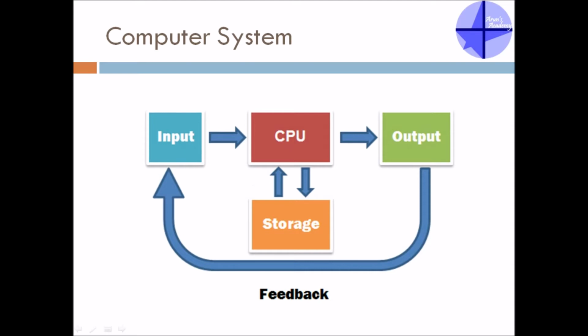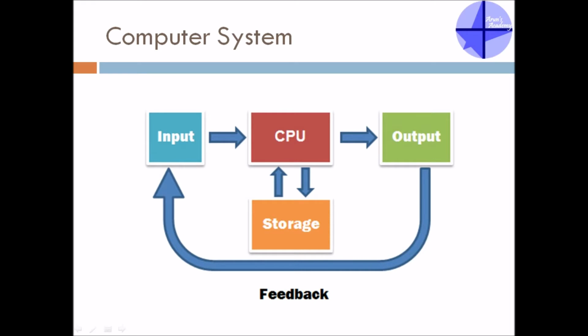CPU is, if you have seen a desktop, the main box which contains many components including the processor, called a central processing unit. Okay, so that is where the entire processing happens of the input given through input devices, and finally the output of this is given by the computer system through output devices. Okay, and this CPU is continuously talking to a storage system.